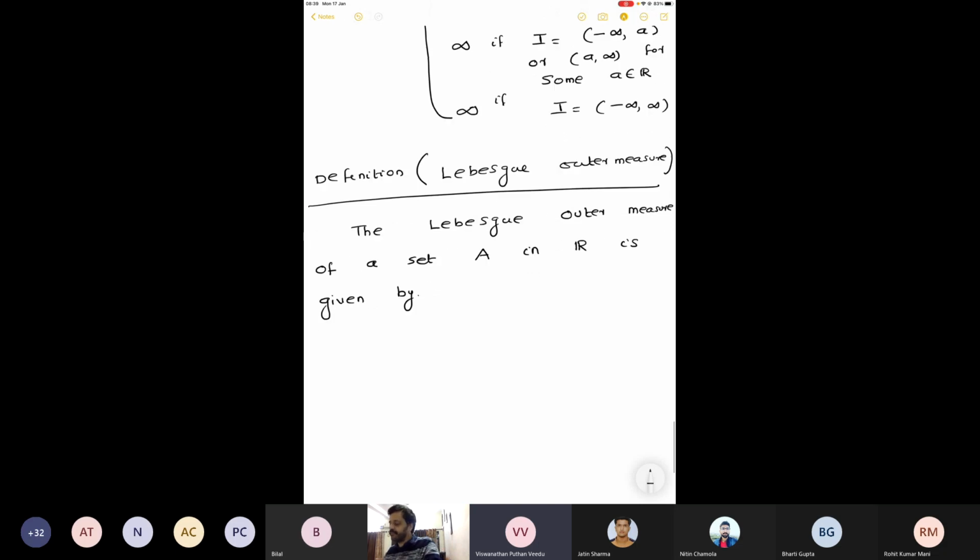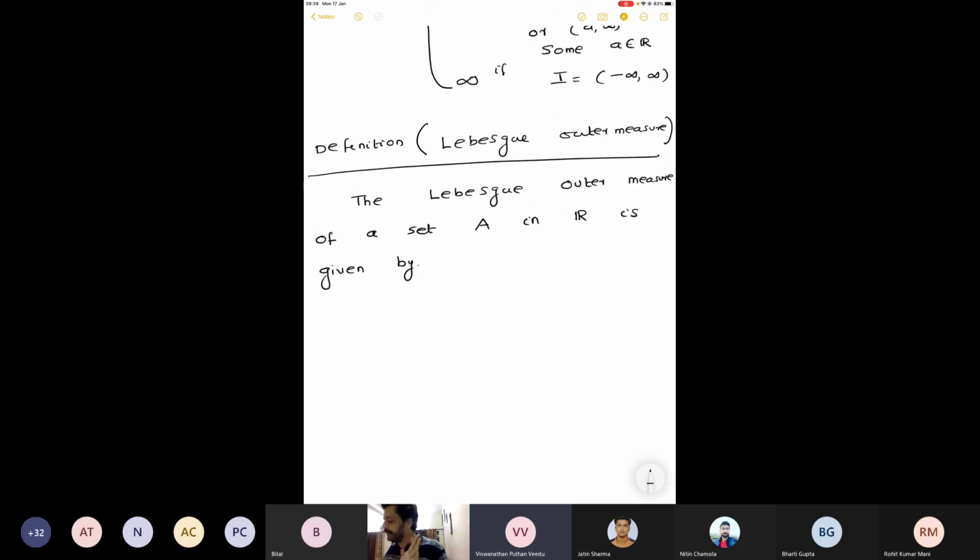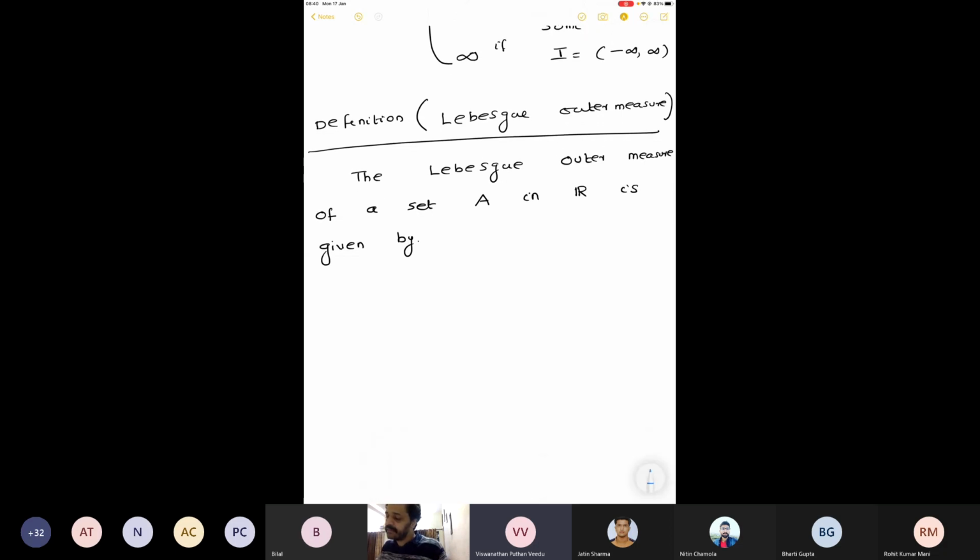who can define it for me? Those who have read from the book, don't tell me. With the things that I have supplied, if you can guess, it will be nice. The Lebesgue outer measure of a set A in R is given by, the notation is this, okay? m star of A is equal to, yeah, who can define?